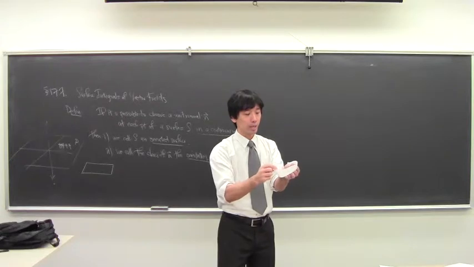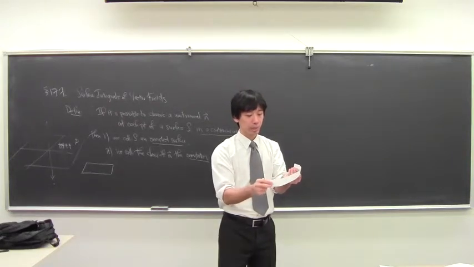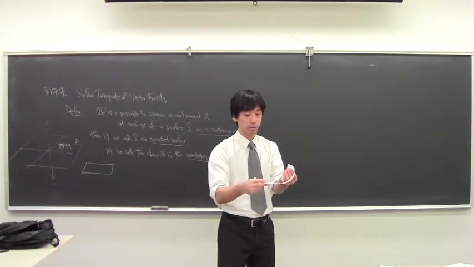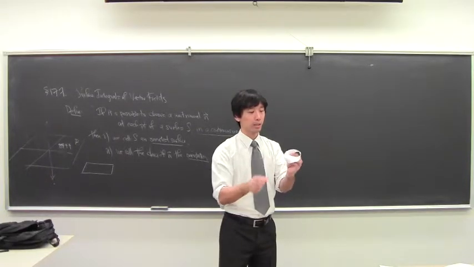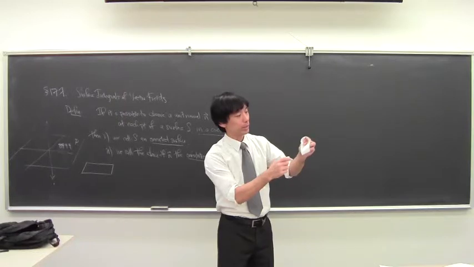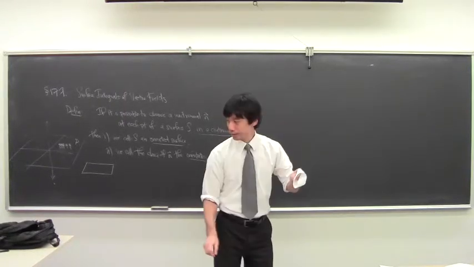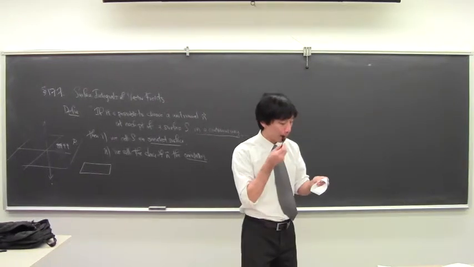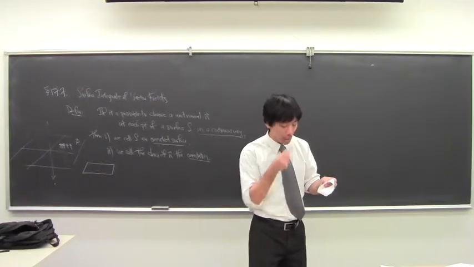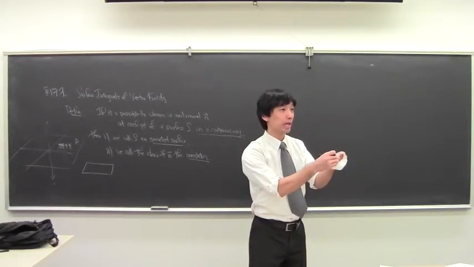Okay. Now, if you take a sheet of paper and you put a half twist, you twist it halfway and then bring it back together. Now this thing is called a Mobius strip. And what's funny about the Mobius strip is that it has only one side.